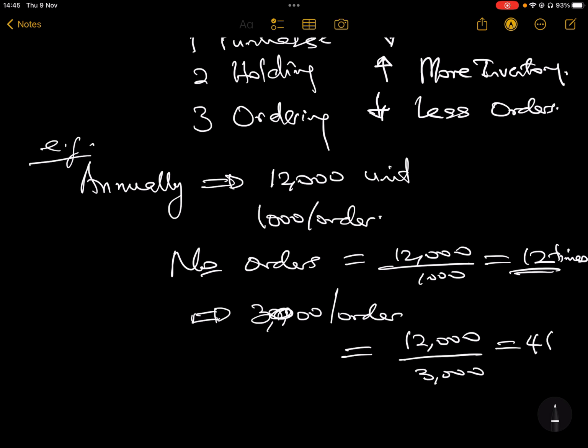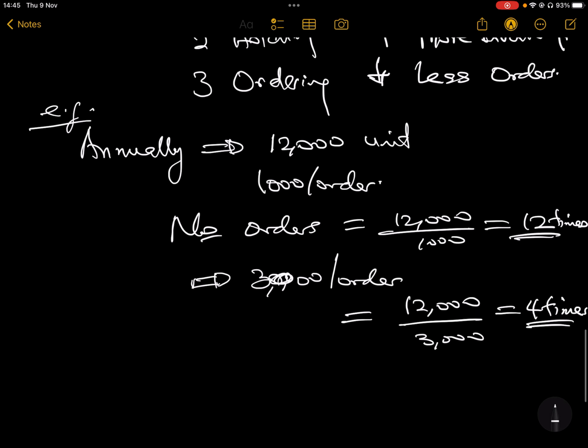And you only go to the market 4 times. So which means your number of orders will be less. And ordering cost will not change per order. So which means your annual ordering cost will reduce, will come down.